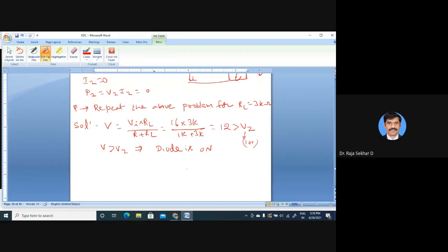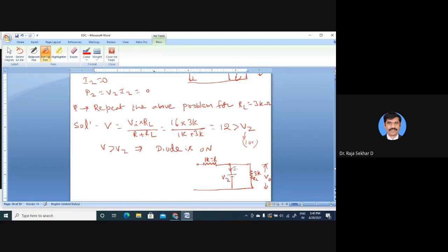So when the diode is on, now what is the state of the circuit? 3K, 1K, that is R, it is RL. This is V naught, and it is Vz.